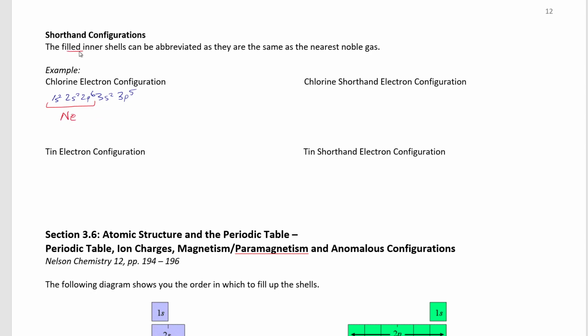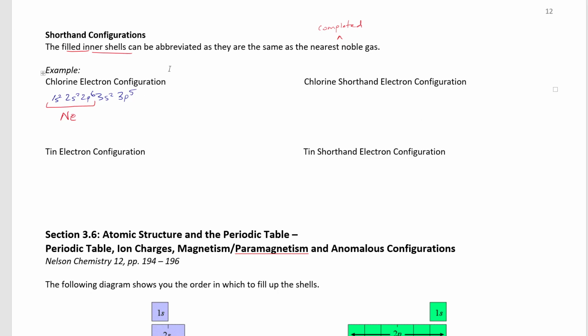Right? So we look at the filled inner shells, because the filled inner shells are the same as the nearest noble gas. And what we mean maybe by nearest is the nearest completed noble gas, right? So for example, even though chlorine is close to argon, we're looking at the inner shells here, and that inner shell has the same electron configuration as neon.